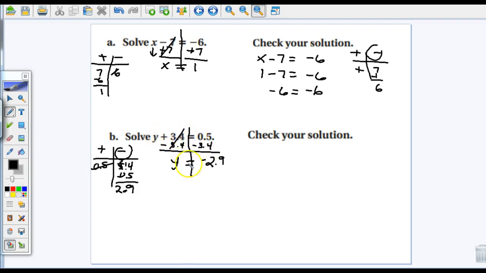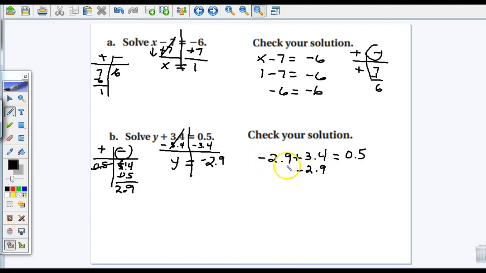Let's check our answer. Take your original equation. I have a negative 2.9 instead of y, plus 3.4, and it's going to be equal to 0.5. So let's go ahead and subtract 2.9 from 3.4.